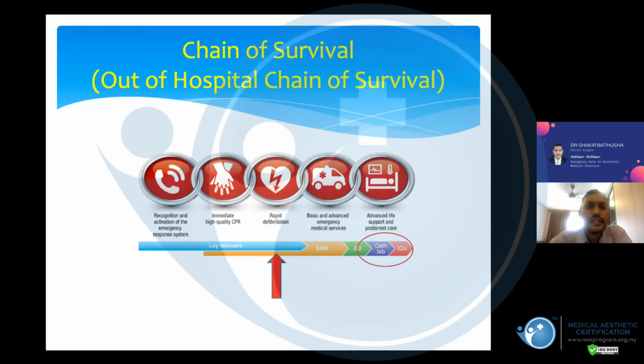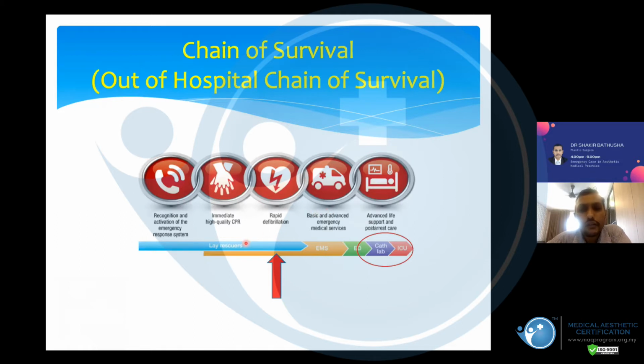The first 3 chains of survival are more appropriate for a layman, and the other 2 chains are mostly for advanced cardiac care.